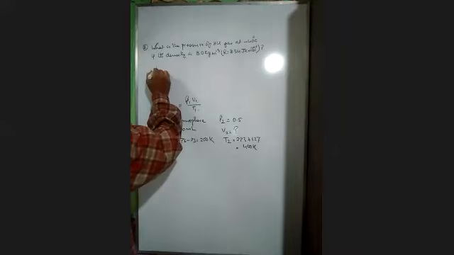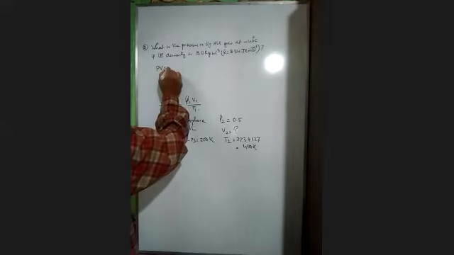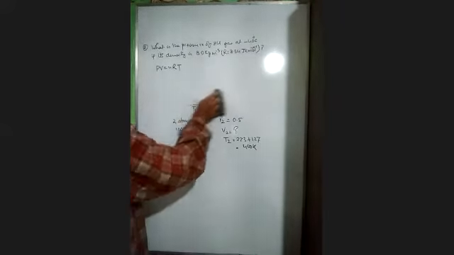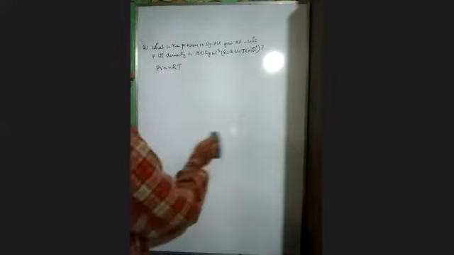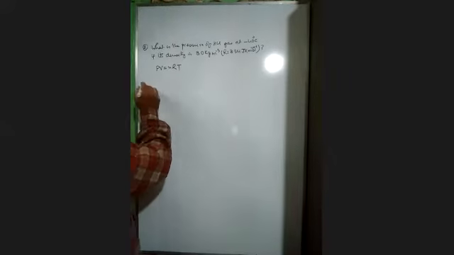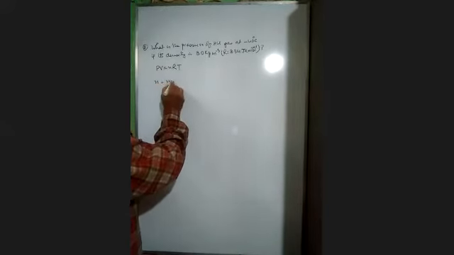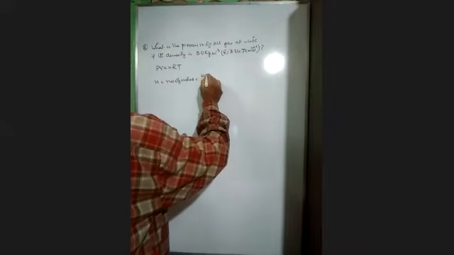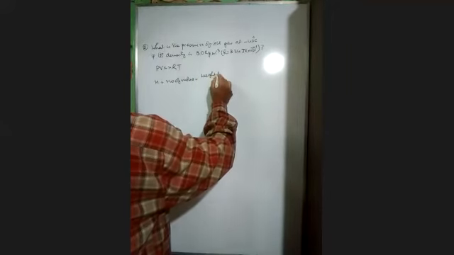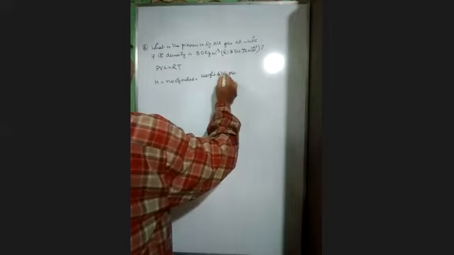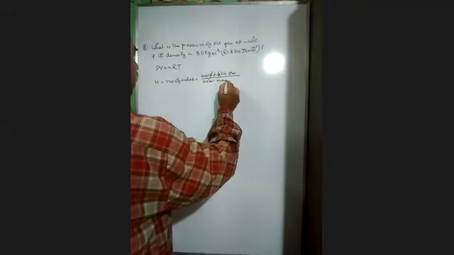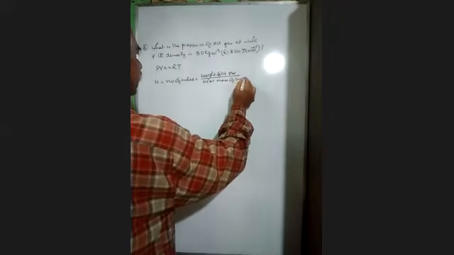So I'll help you a little bit. Now see here. We know PV is equal to nRT. Now what is n? n is equal to number of moles. How do you find moles? It is the weight of the gas divided by molar mass of the gas.